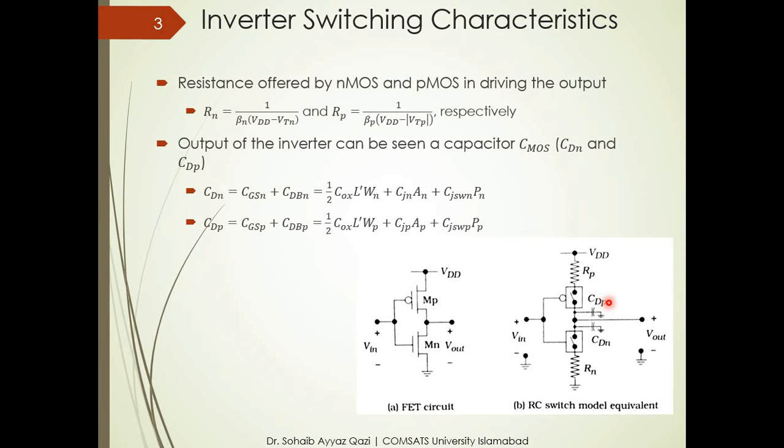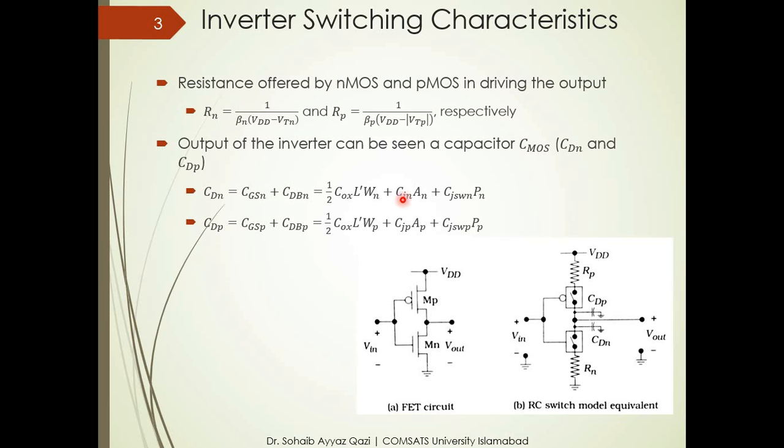This capacitance is known as CDP, our PMOS drain parasitic capacitance. And similarly, we have CDN, the NMOS drain parasitic capacitance. So at this output point, we have two capacitances, CDN and CDP.